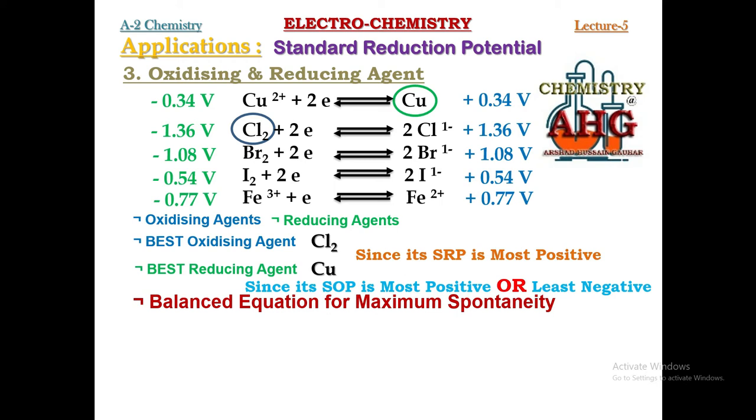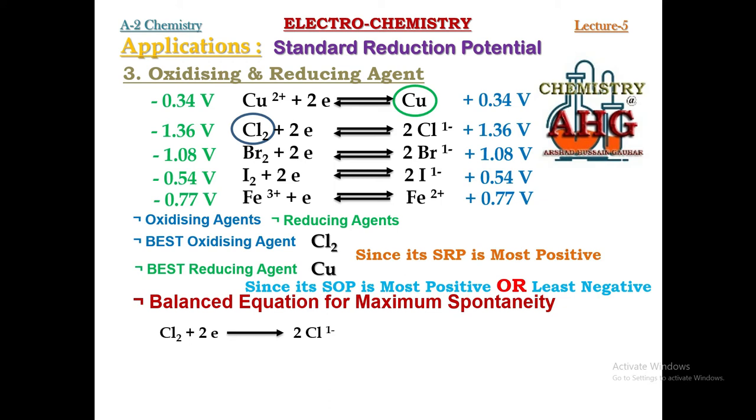The other half cell, whose standard reduction potential is lesser, must become the anode and undergo oxidation. Right now you can see chlorine's standard reduction potential is mathematically greater, so the chlorine half cell will undergo reduction. In the chlorine half cell we carry out the process of reduction. It will act as the cathode: Cl2 plus 2 electrons gives 2 Cl negative.